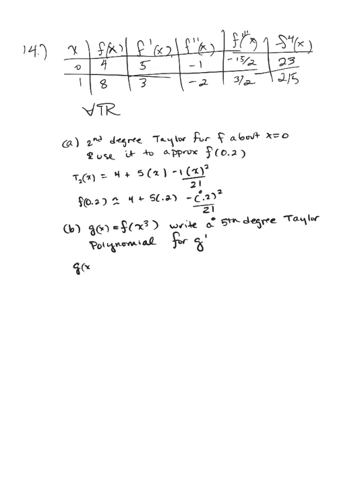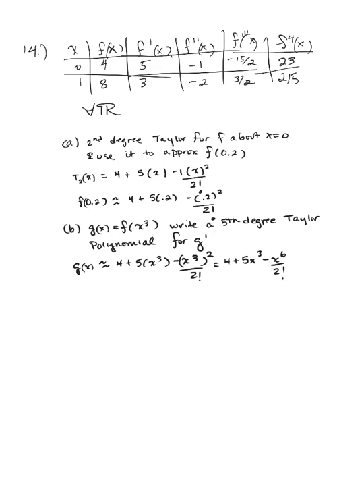So I have g of x is approximately 4 plus 5 times x cubed. I'm just subbing in, minus x cubed squared over 2 factorial. And as you know, x cubed squared is just x to the 6th.